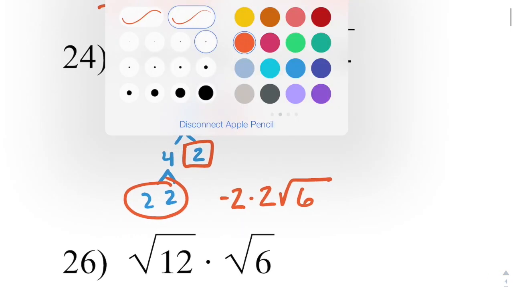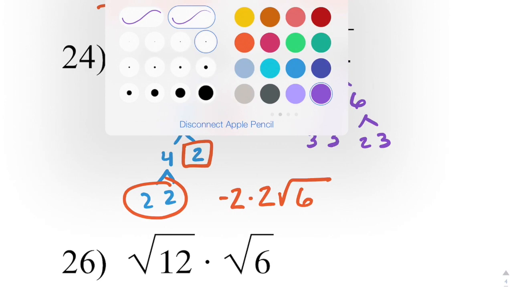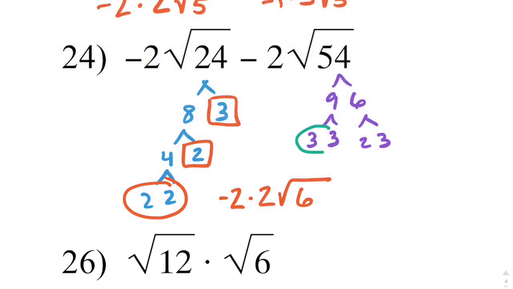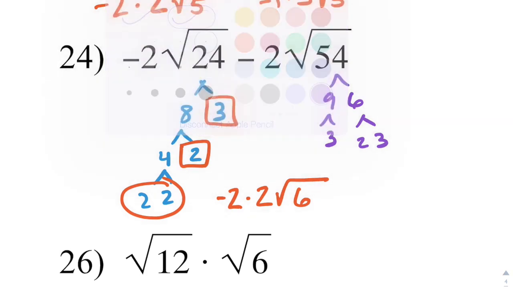And here, I have a 9 times 6. I have a 3 times 3 and a 2 times 3. Well, I can keep the 3's with the original negative 2. So negative 2 square root of, let me fix this.